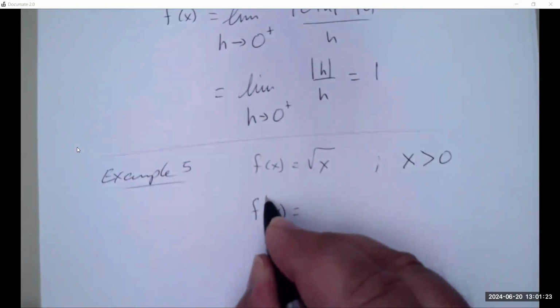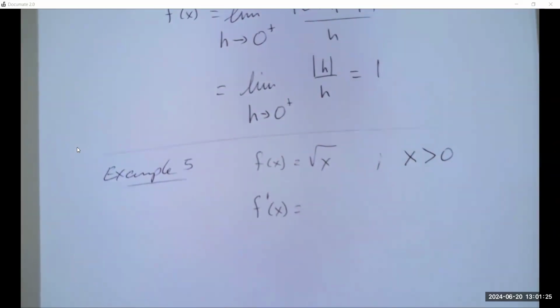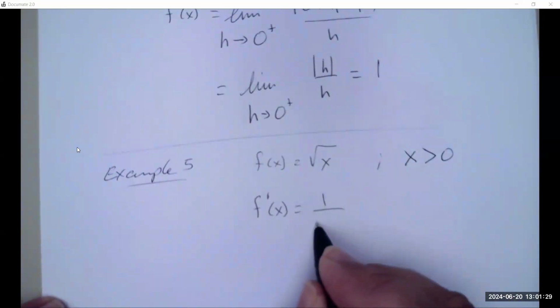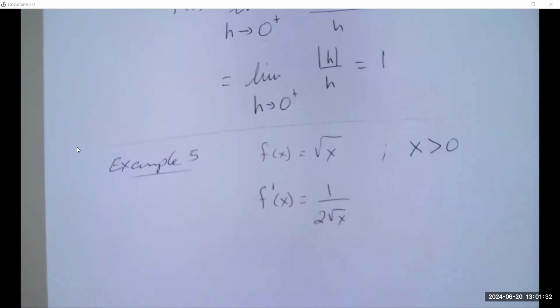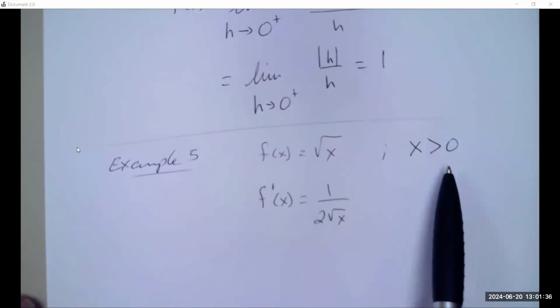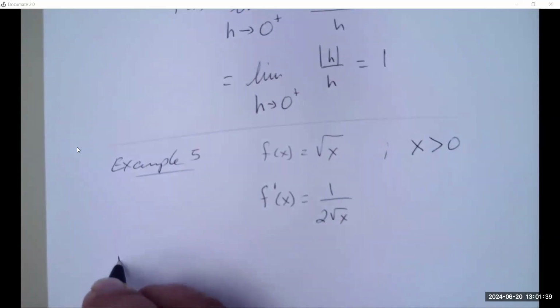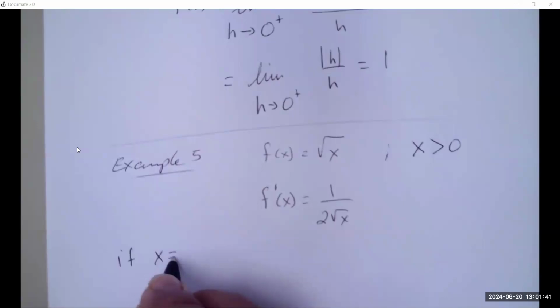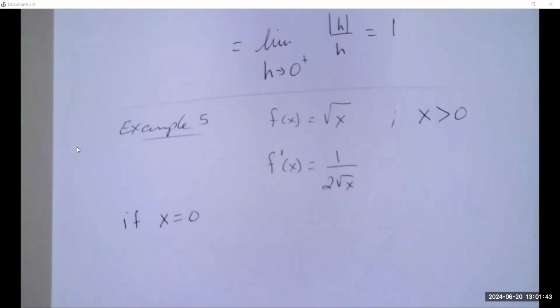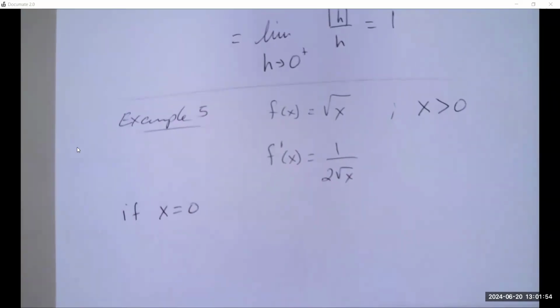What's our derivative? Very good. So it's true for as long as x. What happens if x equals 0? If x equals 0, what happens?